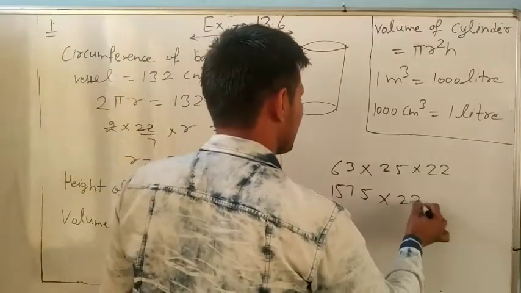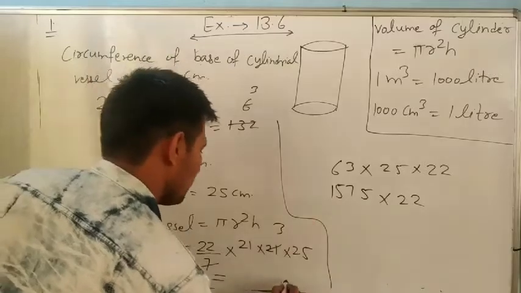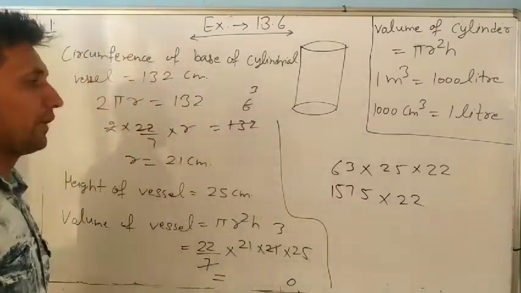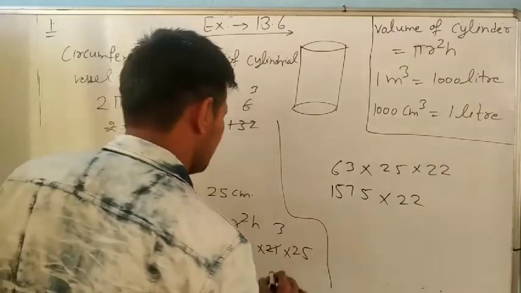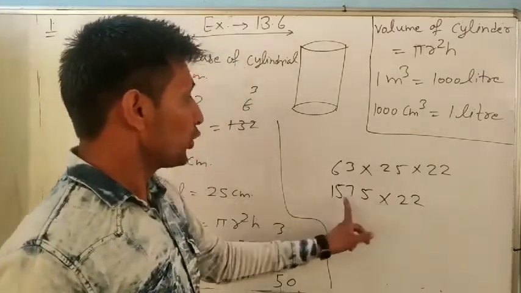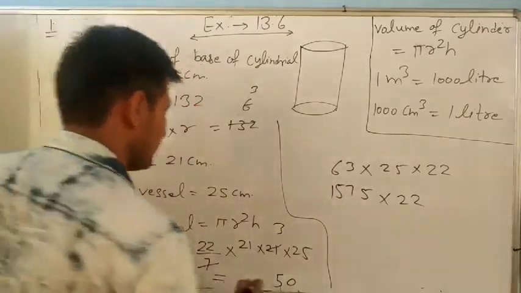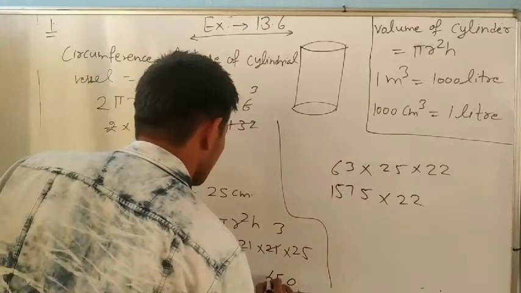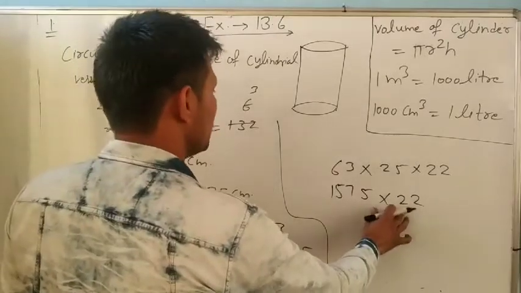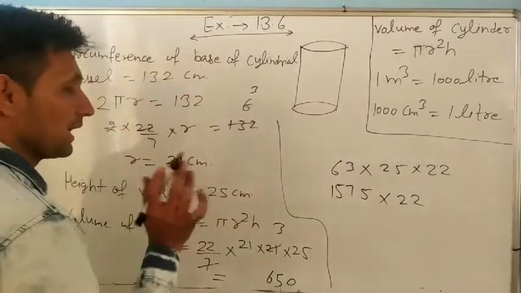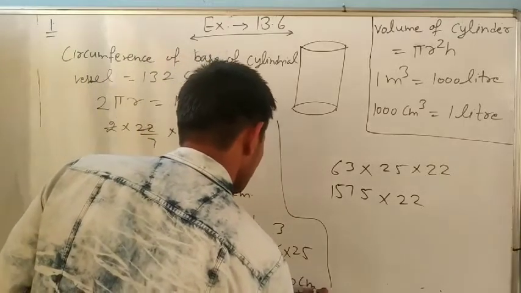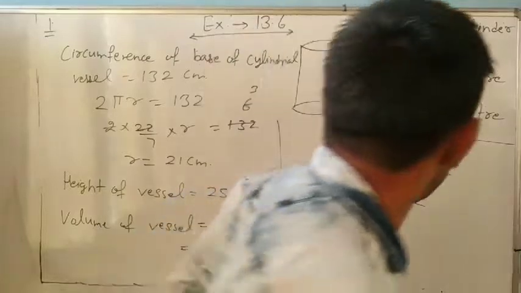Now multiply by 22. 22 5 ja 110, 22 7 ja 154, 154 plus 11, 165. 1575 into 22 comes to 34,650 centimeter cube. So what is the volume of this?